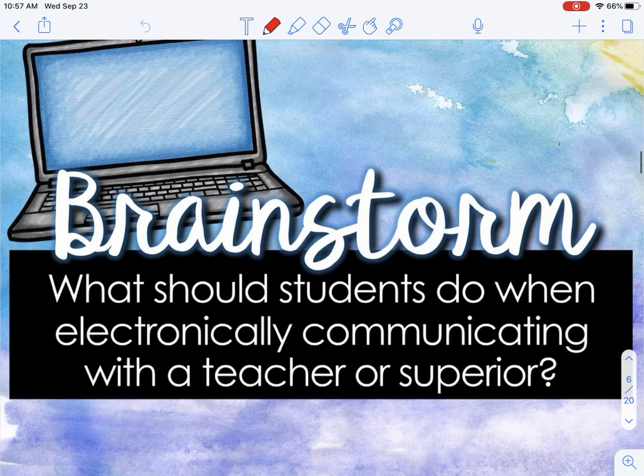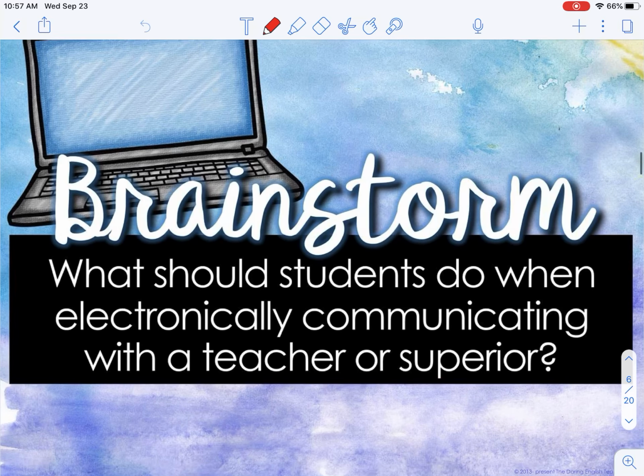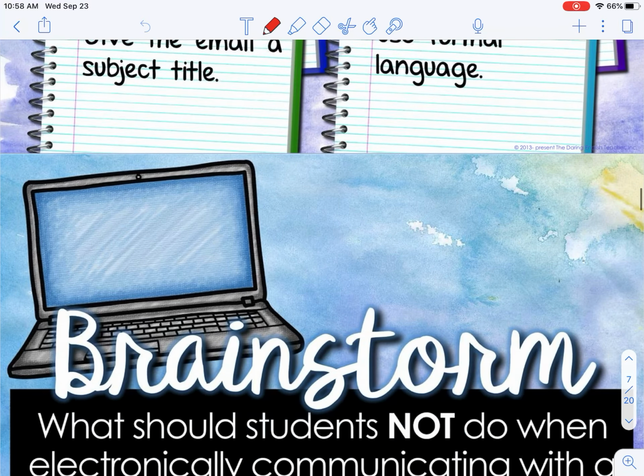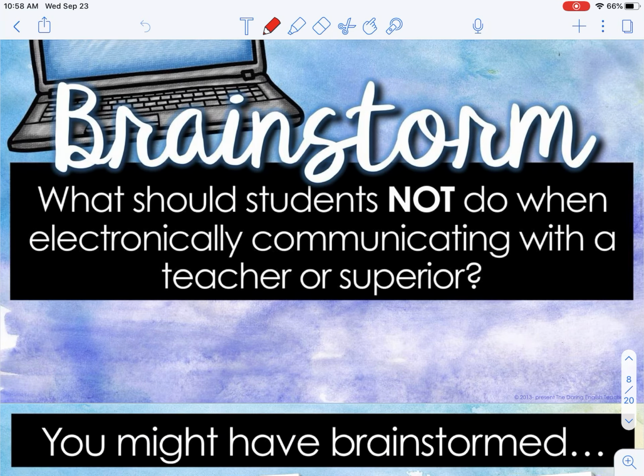All right, what should students do when electronically communicating with a teacher or superior? So we discussed that, and some of the things that you might have come up with would be to include your full name, give the email a subject title, be polite and professional, and use formal language. What should students not do when electronically communicating with a teacher or superior?